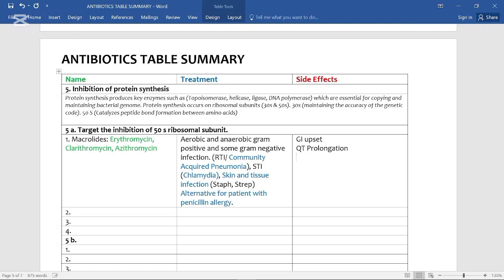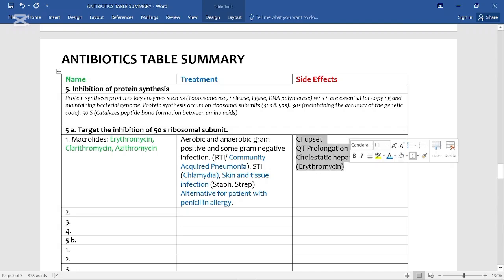There's also a condition that comes with using erythromycin, which is cholestatic hepatitis, and this is majorly associated with erythromycin. So till there, I believe you guys have an understanding of this drug.